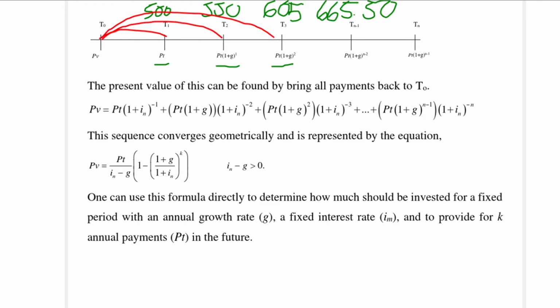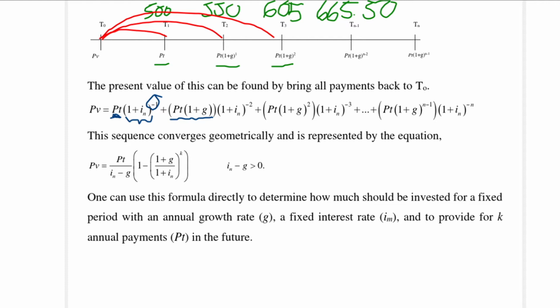If we write it out as a formula, you can see that we have the first payment, and then to move it back one time period, we multiply it with (1 plus i) to the power minus 1, because we move it back one time period. Then the second payment is given there, and we want to move it back 2 time periods.